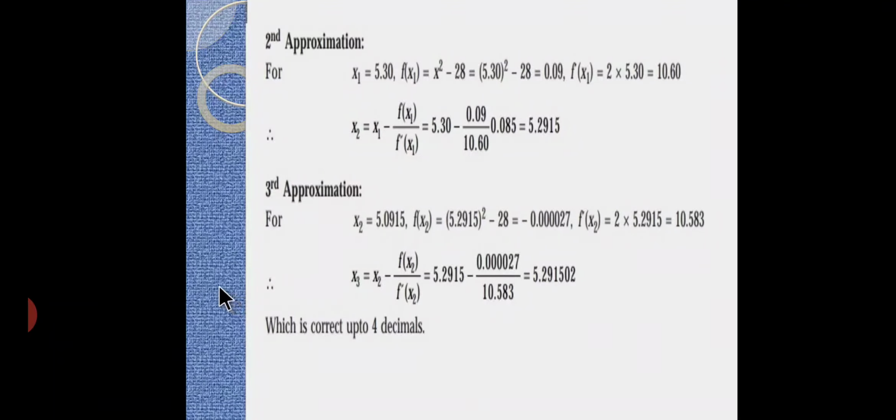When n is equal to 2, x3 is equal to x2 minus f of x2 by f dash of x2, that is equal to 5.291502, which is correct up to 4 decimals. We get the required root of the given function, that is x is equal to 5.2915.